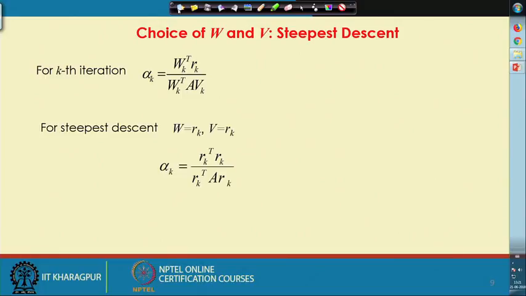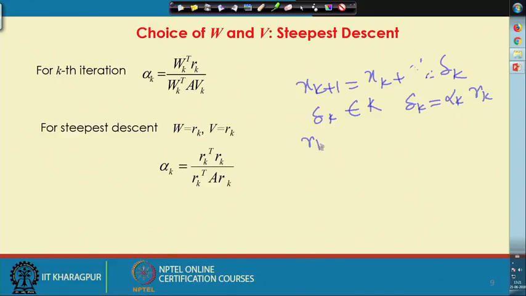So, again what we get here is that x k plus 1 is equal to x k plus alpha k delta k, where delta k belongs to the subspace K, or x k plus 1 is equal to x k plus delta k, where delta k is equal to alpha k r k, and r k plus 1 is equal to b minus A x k plus 1, which is r k minus A delta k.